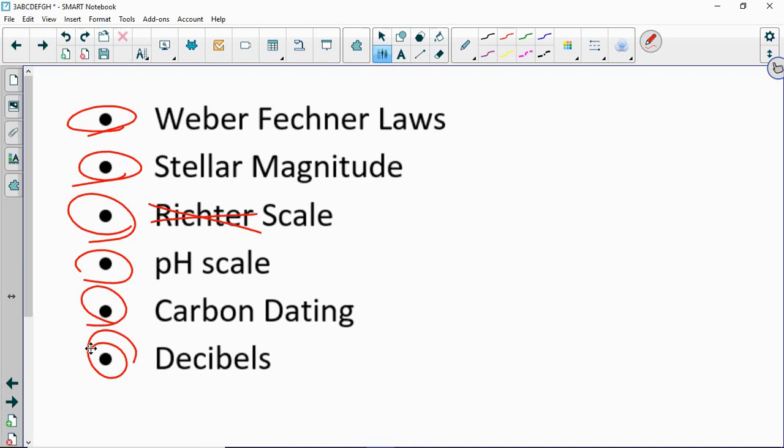So two quick examples. If you hold out your arm and put a single sheet of paper in your hand, you can feel the weight of that sheet of paper. If you then put another sheet of paper on top of it, you will feel the difference. Right? You'll be able to tell the difference between the two weights because it's literally just doubled in weight. However, if you put out your arm and hold a textbook in it and then put a sheet of paper on top of it, you will not be able to notice the difference.